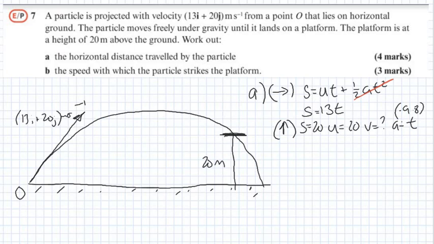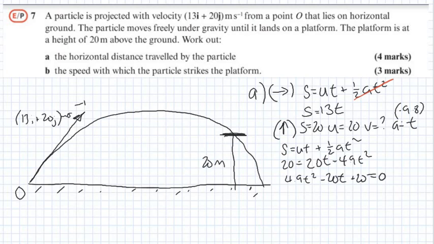Now if we go back to the same equation, s = ut + 1/2 at squared, we want 20 to be equal to 20t, and half of a is minus 4.9t squared. Let's rearrange that: 4.9t squared minus 20t plus 20 equals 0.